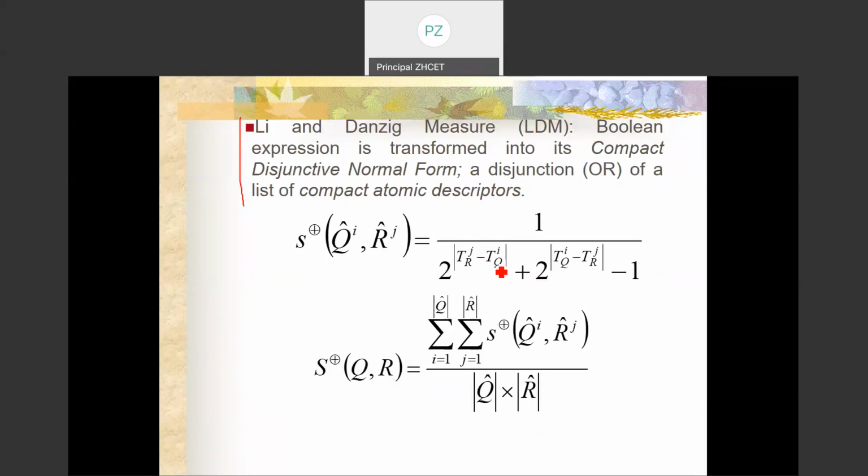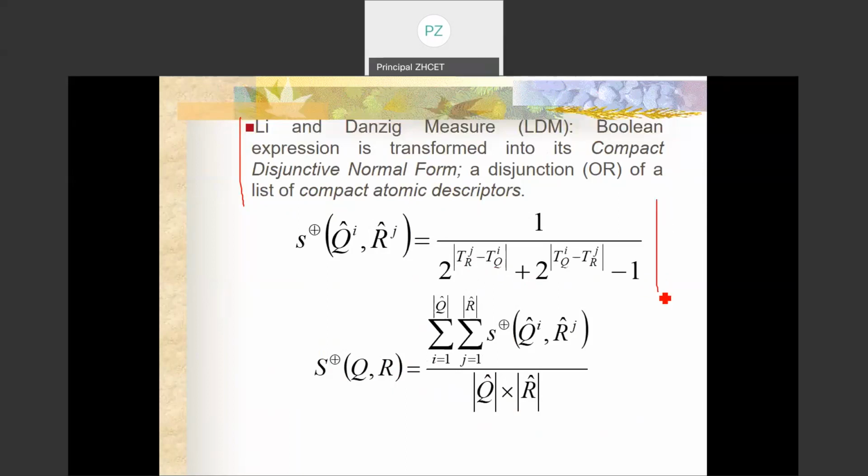Or if there is a positive term here and a negative term in Q, then also it will be 0. Essentially, R and Q should not have complement terms, and should not have an intersection that is null. Then we make use of this expression.